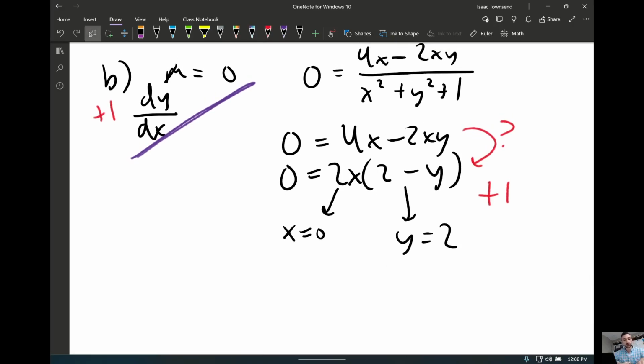All right, it wants the equation of the horizontal tangent line. So I know when it occurs, but not the equation of those. So if you try to plug 0 into the original equation, you get something that looks like that.